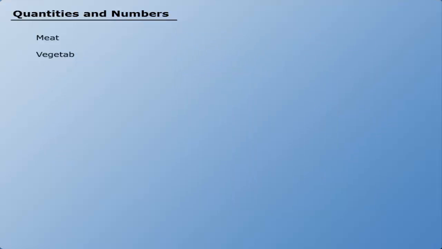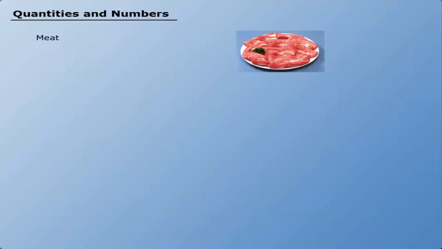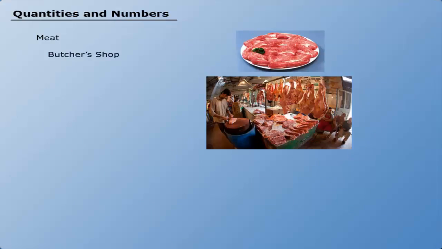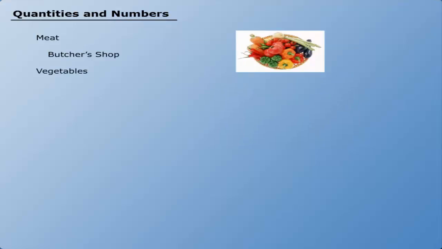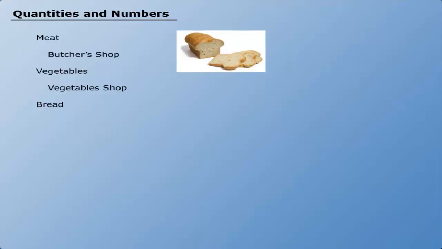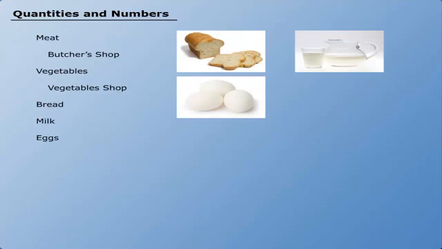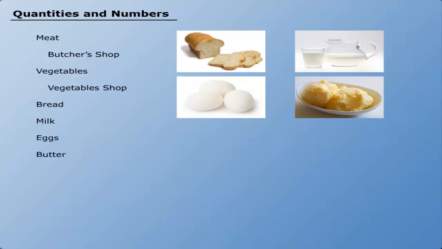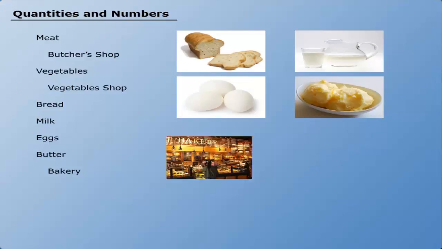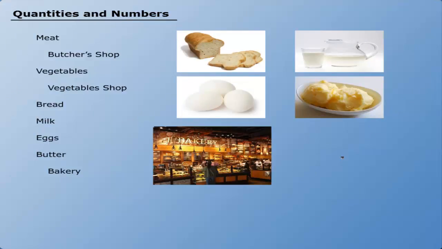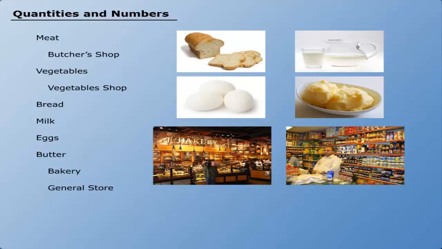We go to different shops to buy different items. For example, to buy meat, we go to a butcher's shop. To buy vegetables, we go to a vegetable shop. To buy bread, milk, eggs, and butter, we go to either a bakery or to a general store.